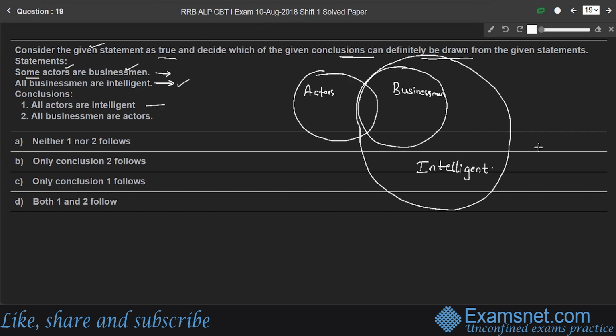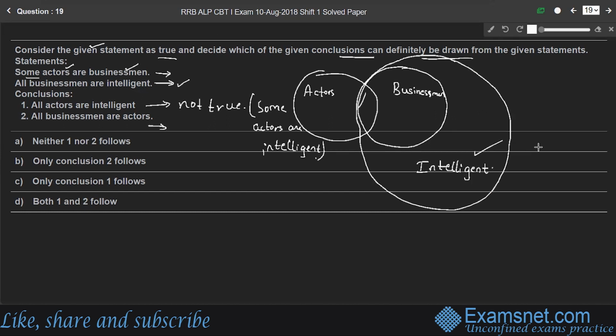Now come to the conclusions. All actors are intelligent. Is this possible? Only some actors are intelligent, because every businessman is intelligent according to statement 2. So all actors are intelligent is not true. Second, all businessmen are actors.